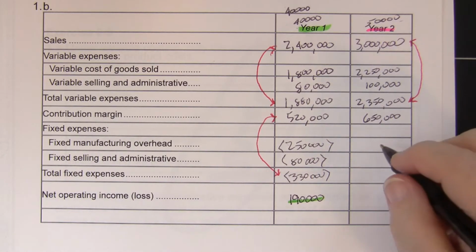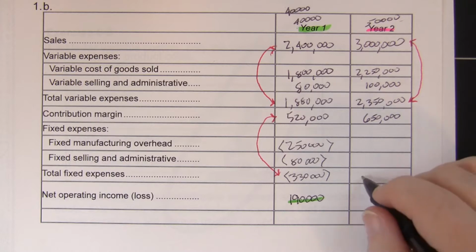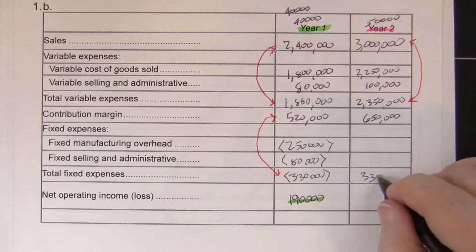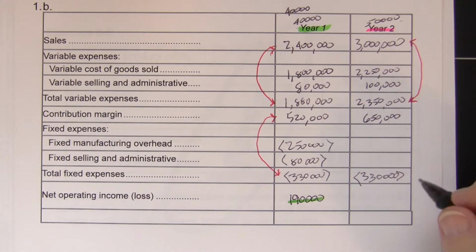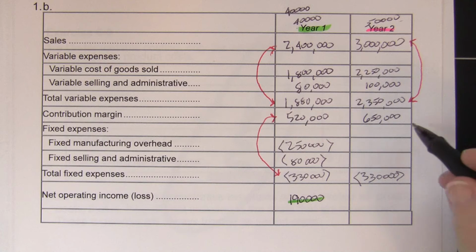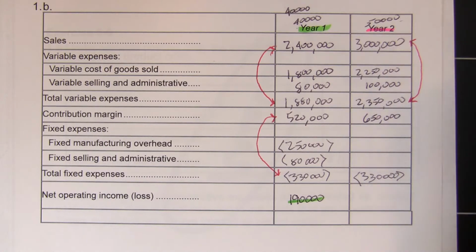We still have the same $330,000 of fixed costs. And our net operating income is $650 minus the fixed cost.